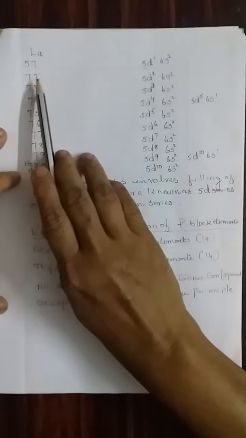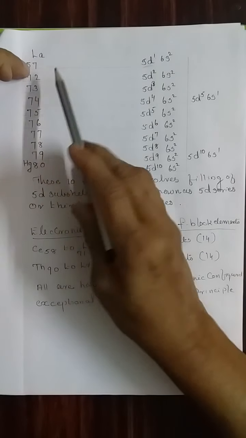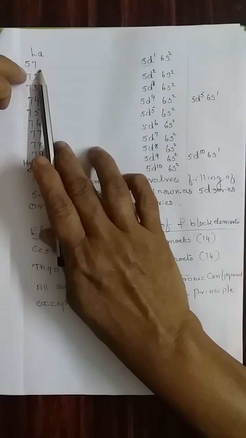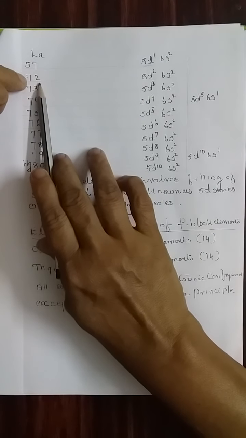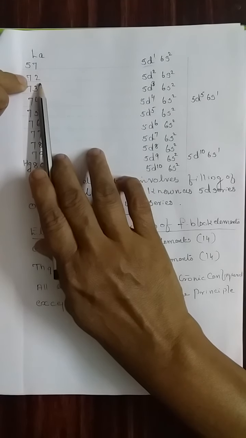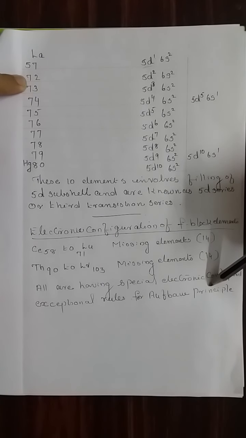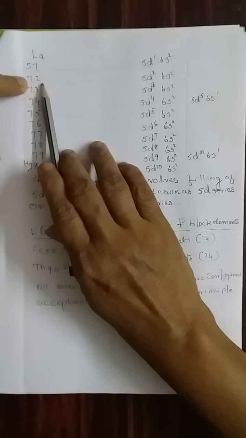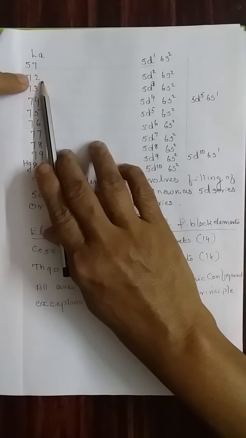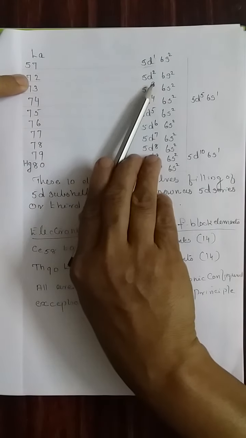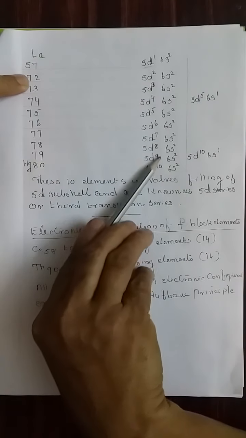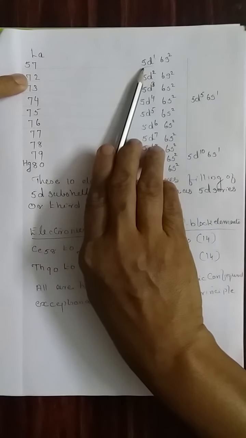But the rest of the elements, that means after lanthanum, that is 58 to 71, have a special type of electronic configuration, which we'll discuss along with the f block elements. Then comes 72. In 72, the electronic configuration proceeds in the same manner as with the lanthanides.